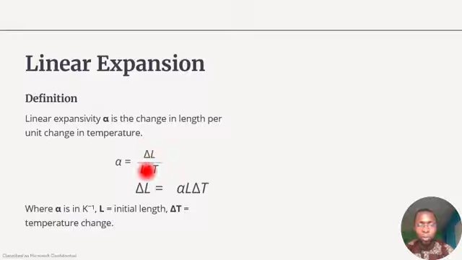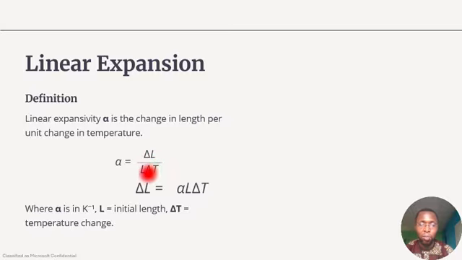Look at the formula. My formula is going to be alpha equals delta L over L delta T. Delta L means change, the triangle symbol means change. So change in length over L, where L is the original length, then multiplied by change in temperature. Delta T means change in temperature.